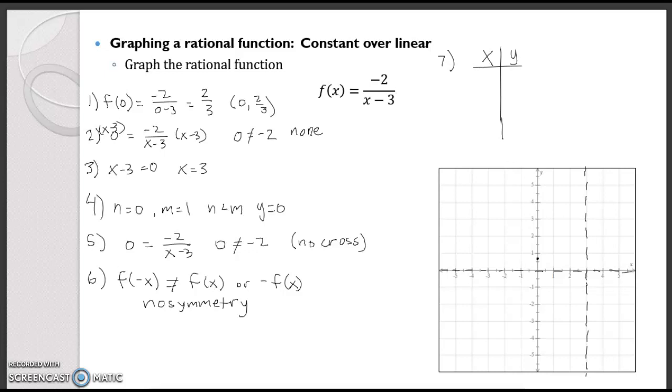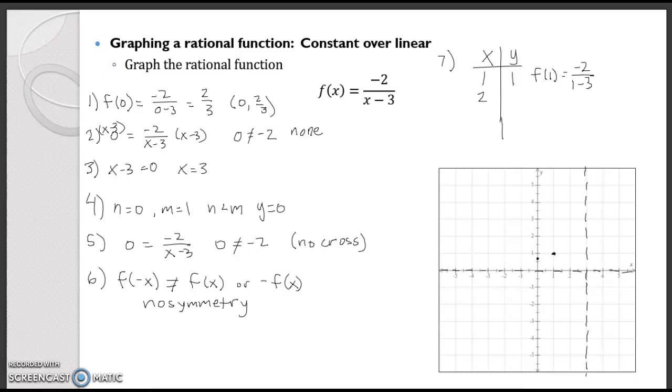So if I plug in 1, f of 1 equals negative 2 over 1 minus 3, we end up getting a positive 1. So we have a point at 1, 1. So now I can see it's kind of going up. Let's check 2.